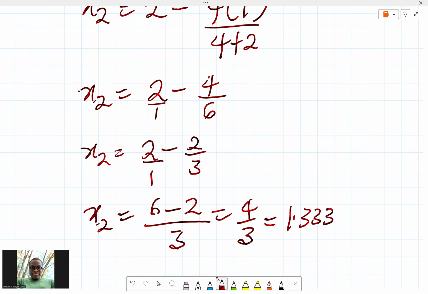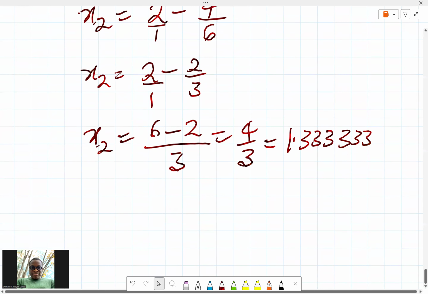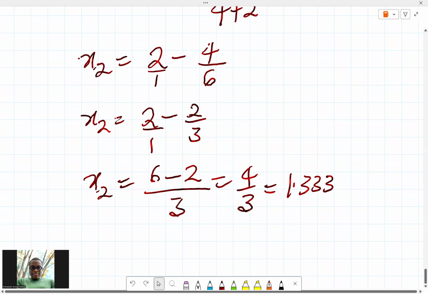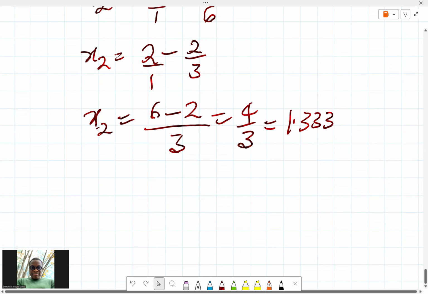So that's 1.33. We can keep going to high precision if you like, but let me stop at 3 decimal places. So now we have one of our solutions, x2.